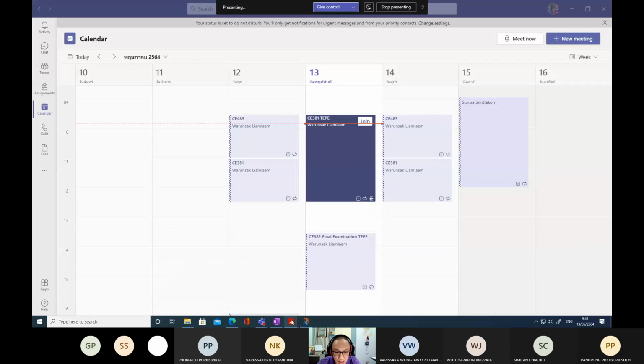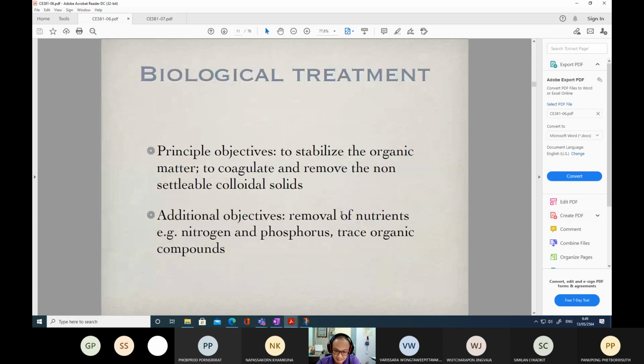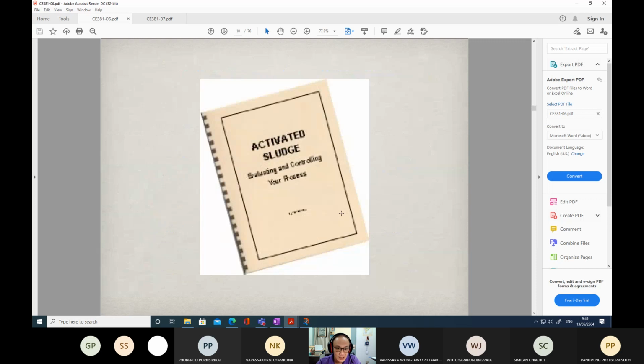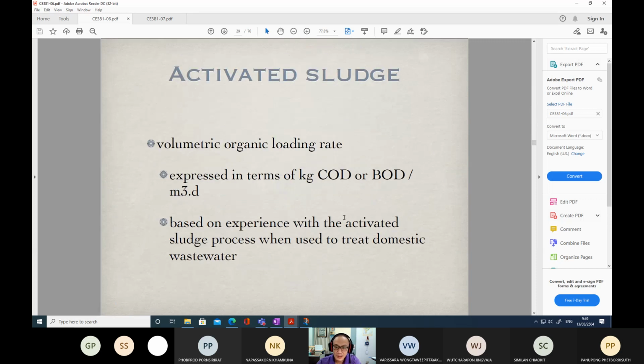Last week, we were talking about the wastewater treatment process. For the wastewater treatment process, basically we use a biological method to treat the waste, especially the waste containing organic substance.